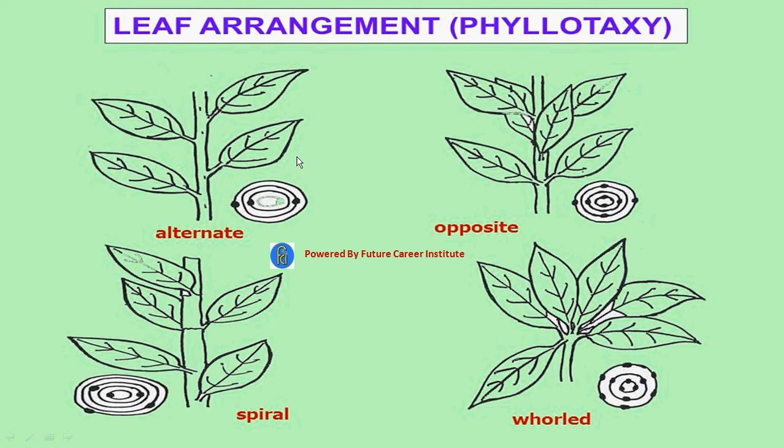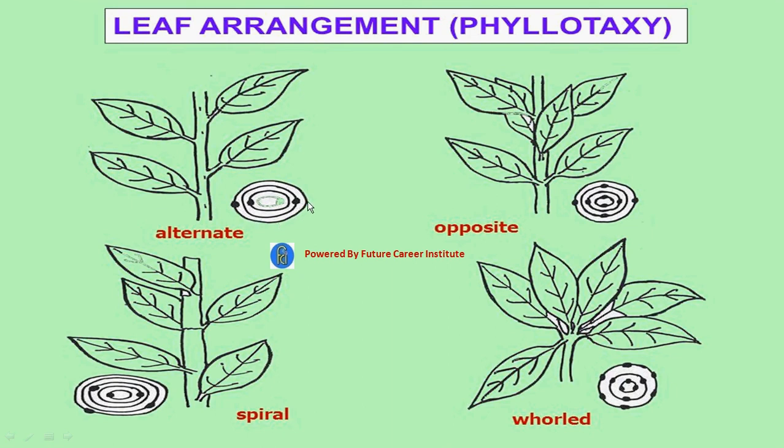If you look at this picture here, the bigger circles represent a node, while the small black dots represent a leaf. Let us compare the picture of alternate phyllotaxy to this small circular picture here. The outer circle represents one node, this node here, and it has only one leaf.